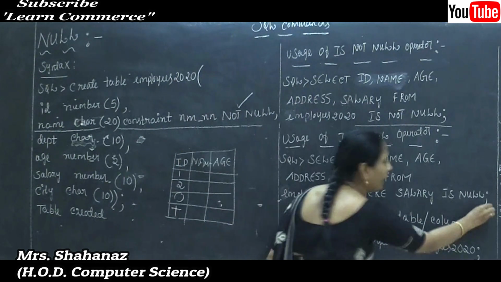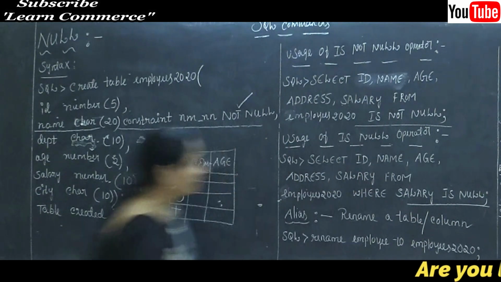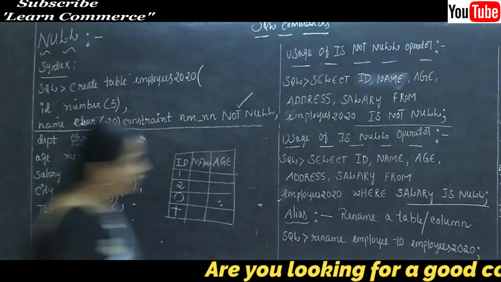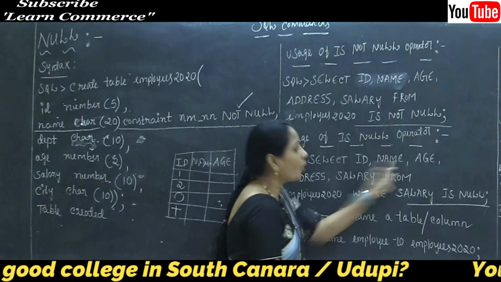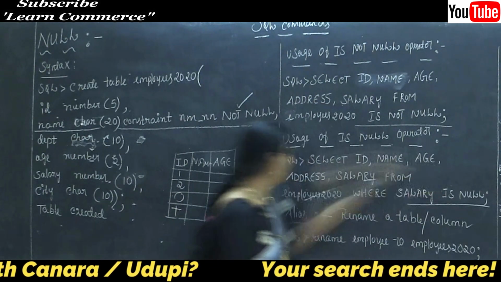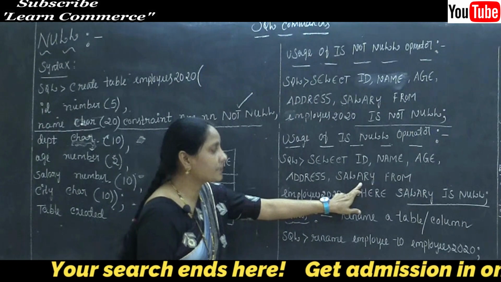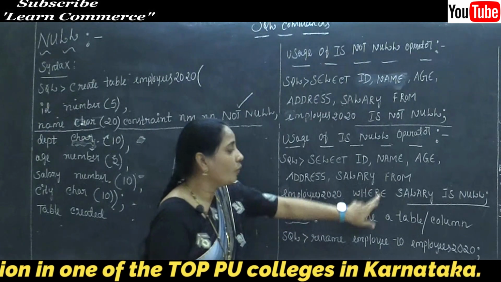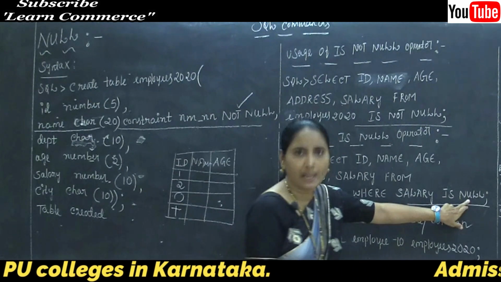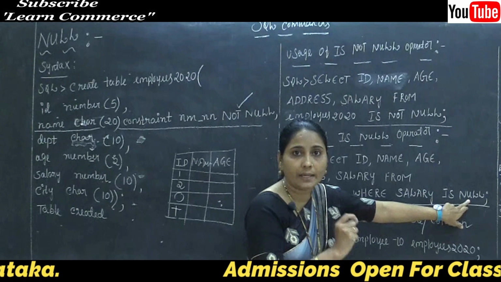The note is IS NULL. Clear? So in SQL, I am using the operator SELECT ID, name, age, address, salary FROM employees 2020 WHERE salary IS NULL. Clear this point here? Where salary is null.